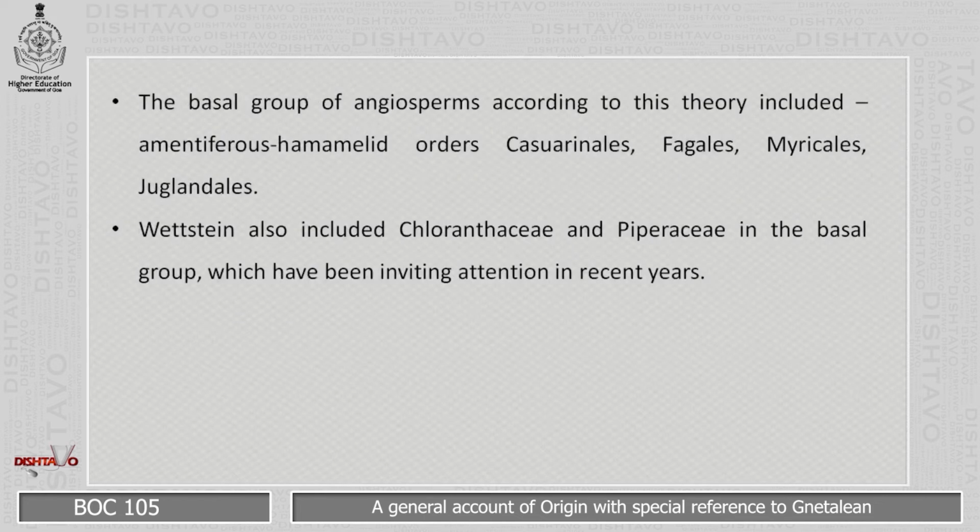The basal group of angiosperms, according to this theory, included Amentiferous Hamamelid orders, Casuarinales, Fagales, Myricales, and Juglandales. Whetstone also included Chloranthaceae and Piperaceae in the basal group, which have been inviting attention in recent years.